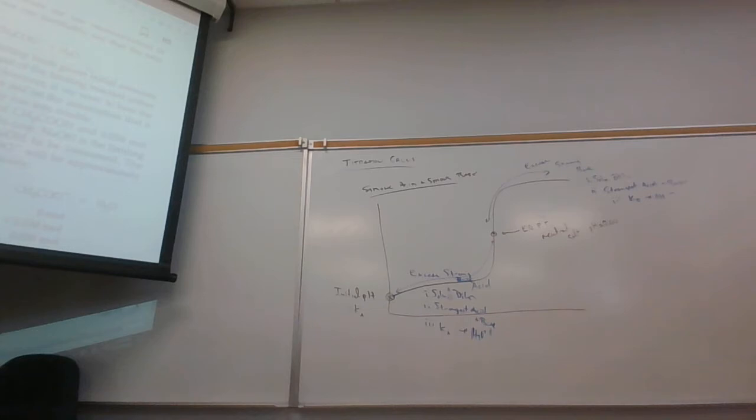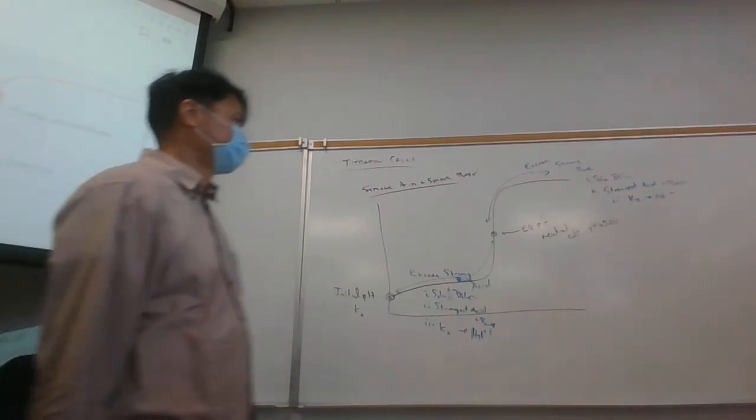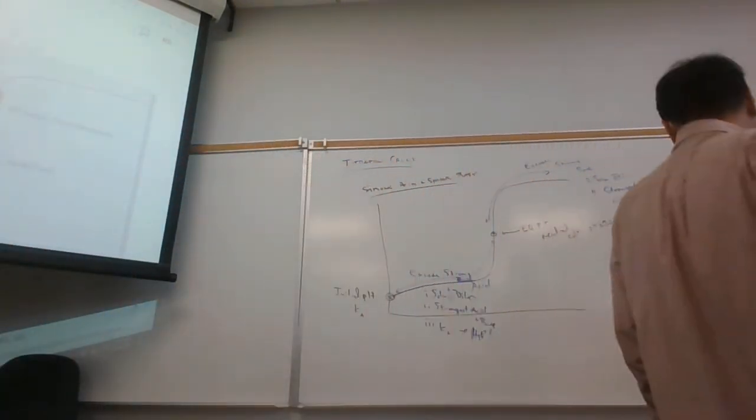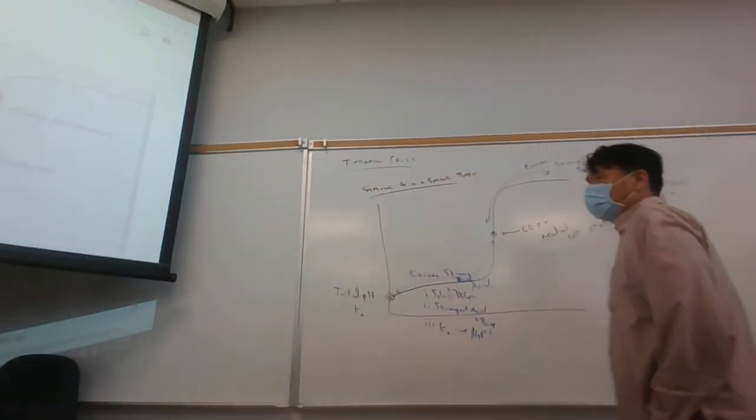The next type of titration we're going to look at is a weak acid, strong base titration. We're going to have 4 types of calculations, same, but the calculations are going to be a little bit different.